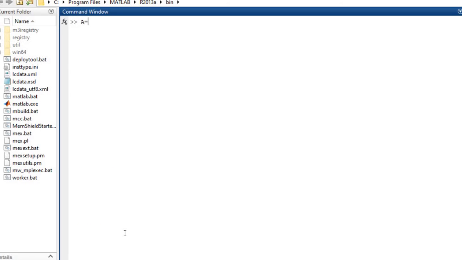So we choose a matrix A equal to 1, space 2 space 3 first row, second row 7 9 0, third row 2 4 8, a 3 by 3 matrix.